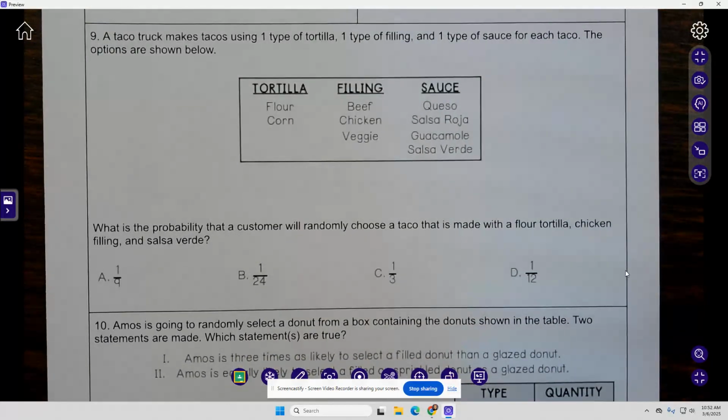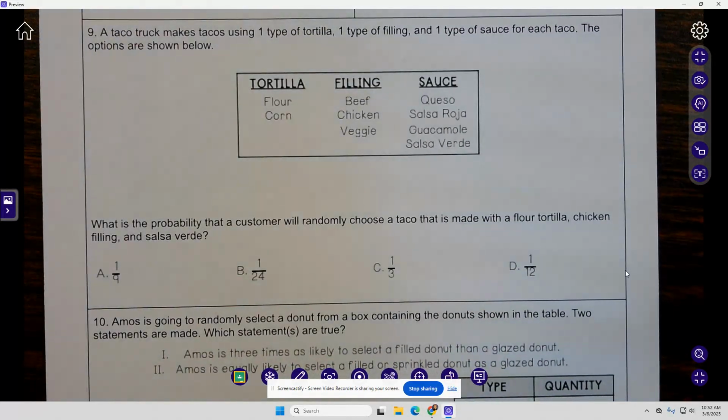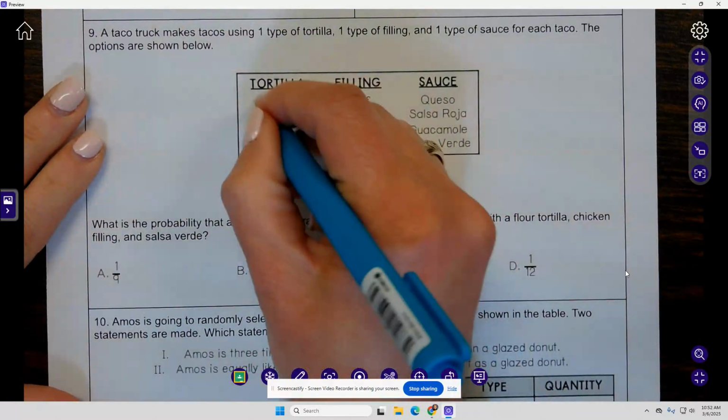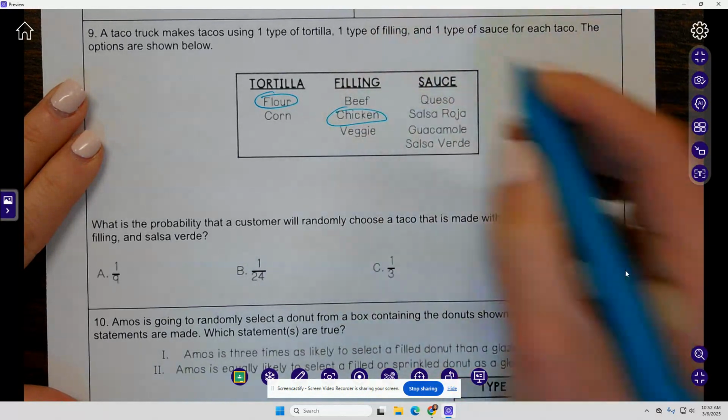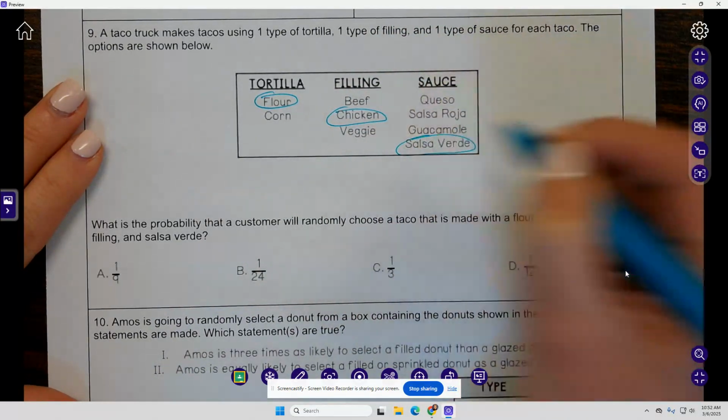Number 9, a taco truck makes tacos using one type of tortilla, one type of filling, and one type of sauce. The options are shown below. What's the probability that the customer will randomly choose a taco that is made with a flour tortilla, chicken filling, and salsa verde?